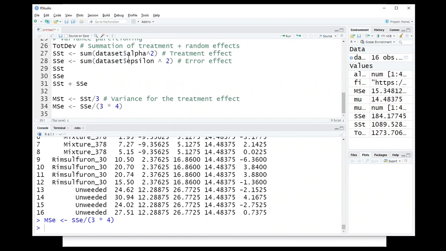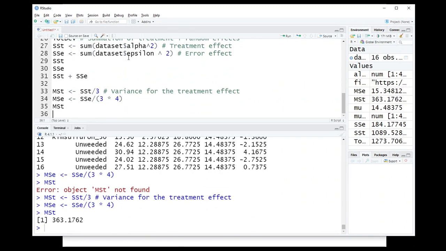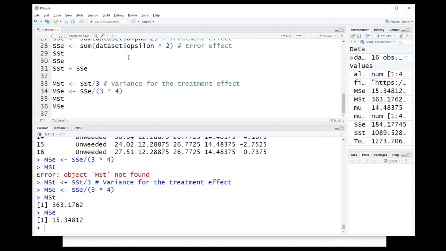Now we can compare the mean square for treatment, that is 363, with the mean square for the error term, that is much smaller. And now we can compare.